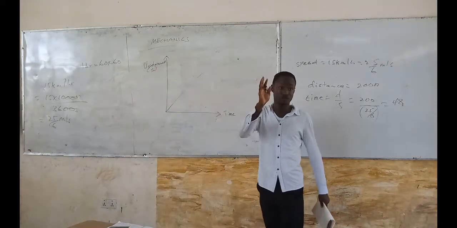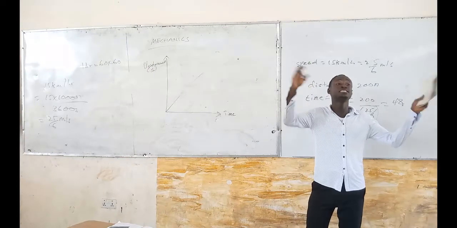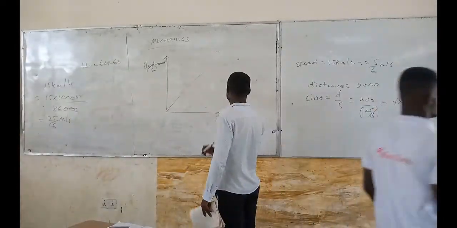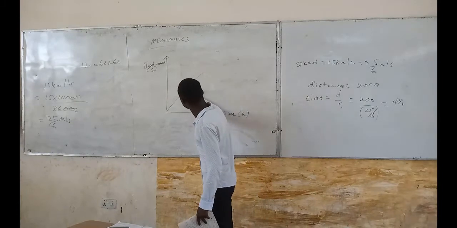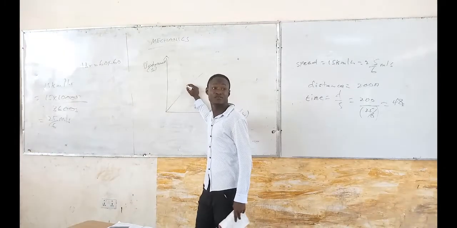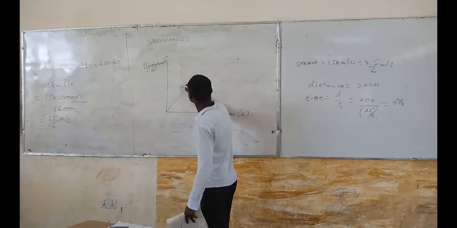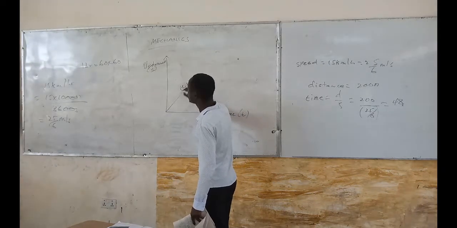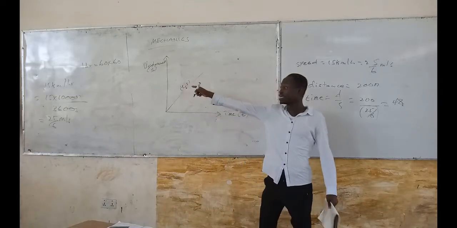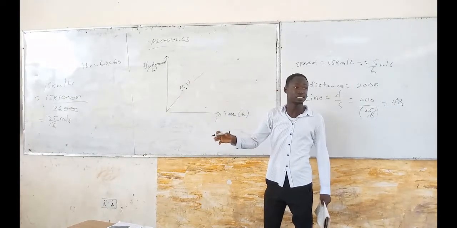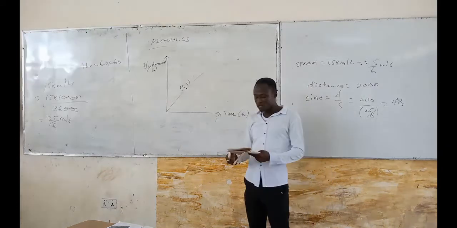We don't know any value, but we are looking at them in general. The coordinates of the point will depend on the time and the displacement, so it will be (t, s). Are you getting it?